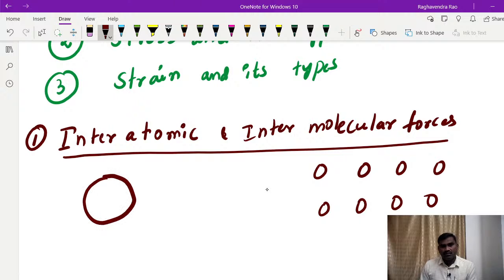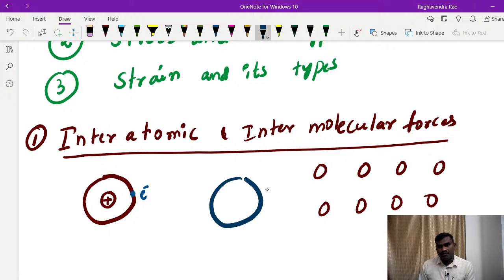An atom is nothing but a positive nucleus surrounded by negative electrons. Electrons are revolving in their particular orbits, and at the center, the nucleus has protons. The nucleus has positive charge and electrons revolve in their respective orbits. This is one atom, and now we take another atom, which also has a positive nucleus and electrons revolving in the outermost orbit.